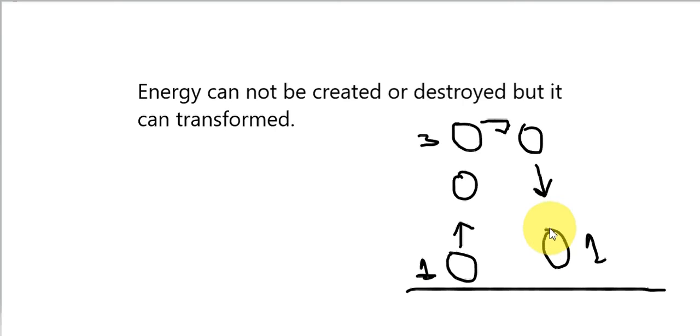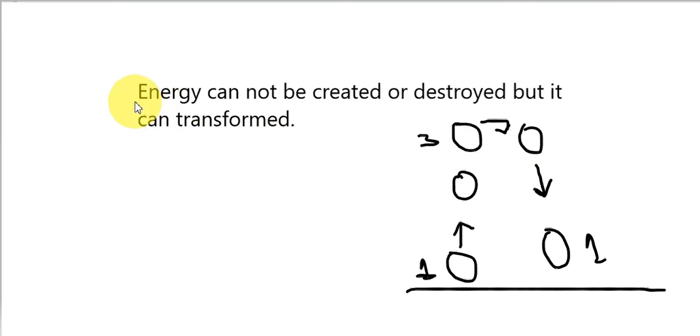So, when the ball moves from point 1 to point 3, there is a transformation of energy. When you consider point 1, the kinetic energy of the ball is maximum, and when the ball reaches point 3, this whole kinetic energy is gone, but we need to know where it has gone.